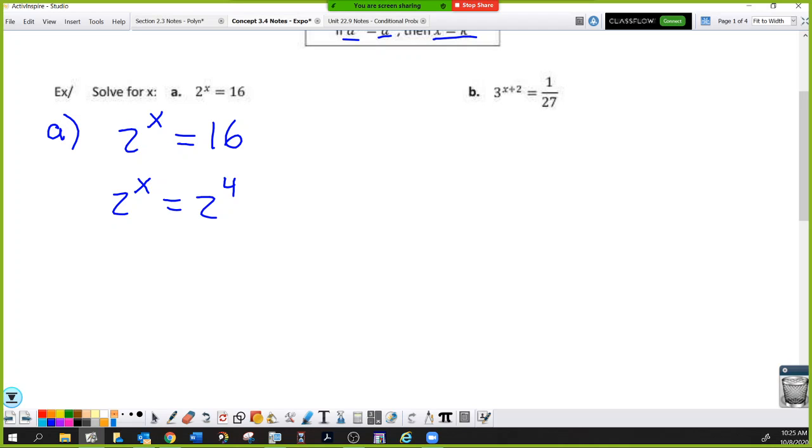And now that the bases are equal to each other, the only way that this is a true statement is if the exponents are equal to each other, and oh look, we're done. That's it. Not a very good example. I don't like it. The next one's a little bit better.